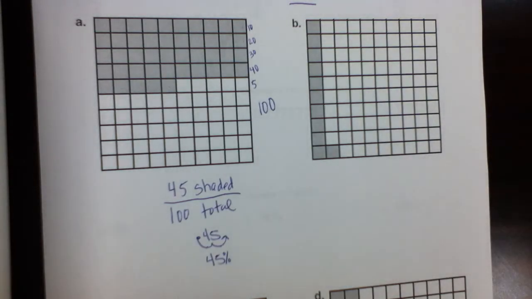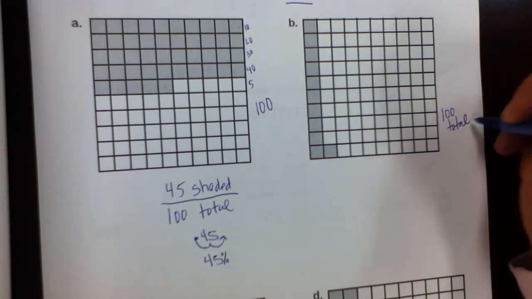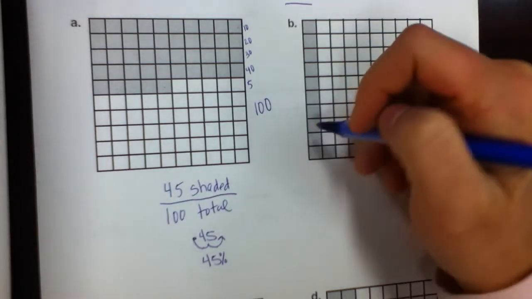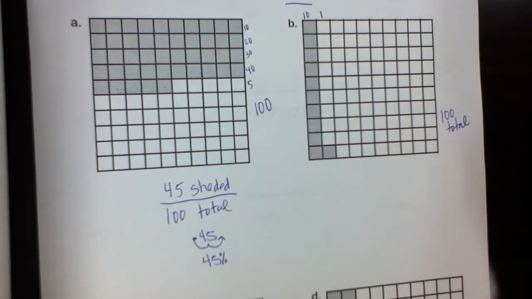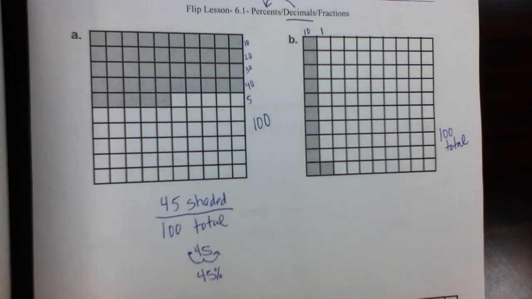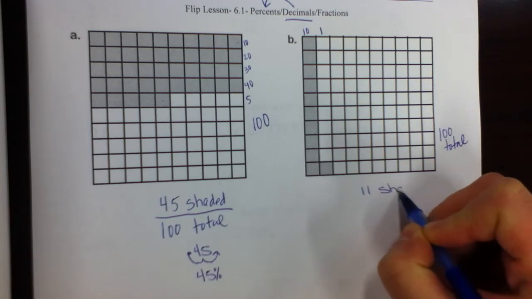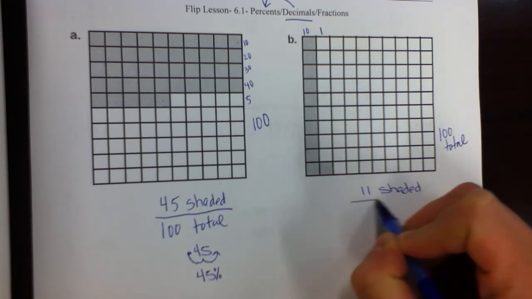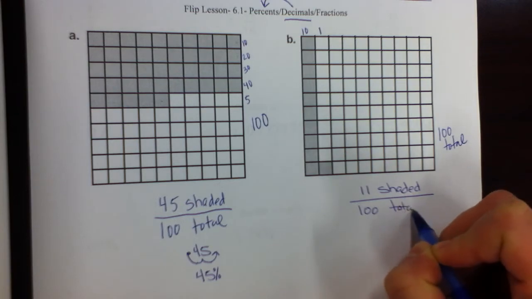Okay? Now let's look at the next one. Here again, I have 100 total blocks, and I have 10 total blocks plus 1 shaded in for a total of 11 shaded out of 100 total.